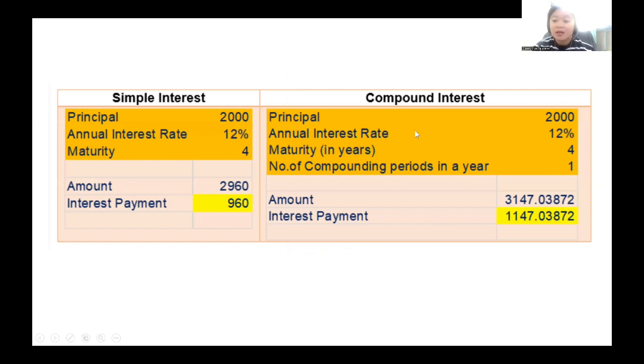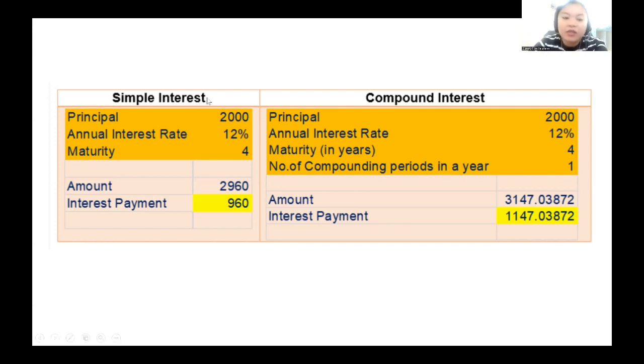Now, if it's about the amount, we have here a computation for a principal of 2,000, okay? With 12% annual interest rate. And maturity after 4 years. So, same principal and rates, compound interest, maturity is also 4 years, okay? And then the conversion period is 1. Okay, so that they're the same, right?